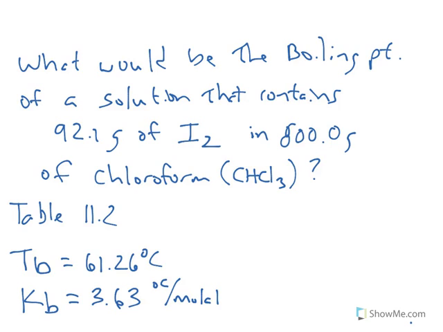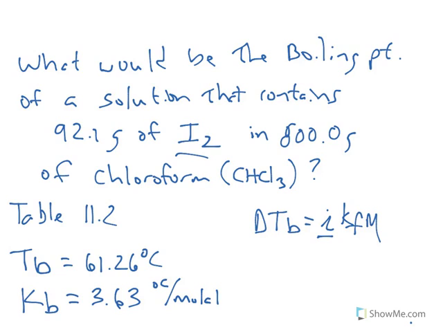All right, we're ready to go. We can go ahead and calculate our delta Tb equals i Kb m. And before we get started, we need to figure out what our Van't Hoff factor is. Iodine is a molecular compound. It's an I bonded to an I. So it's going to be i equal to 1.